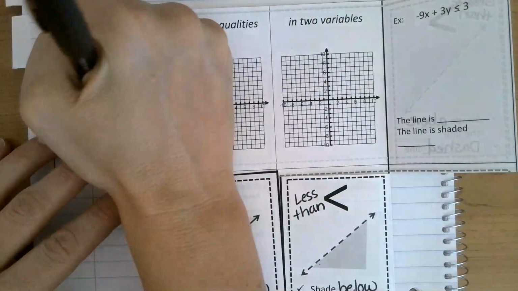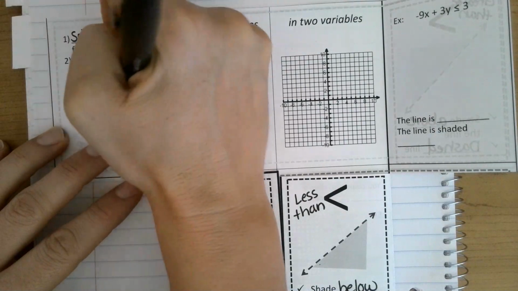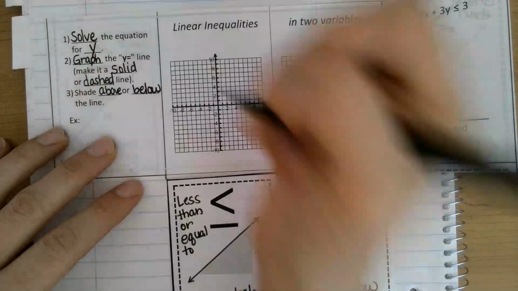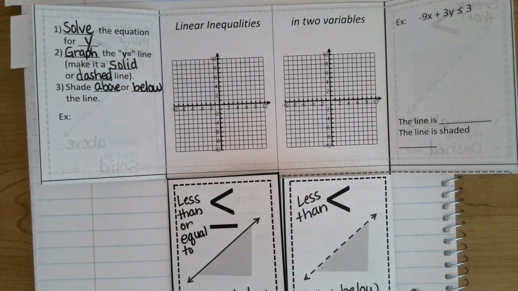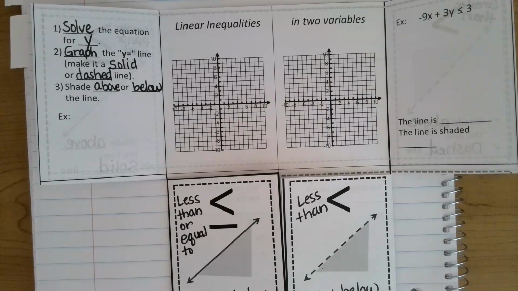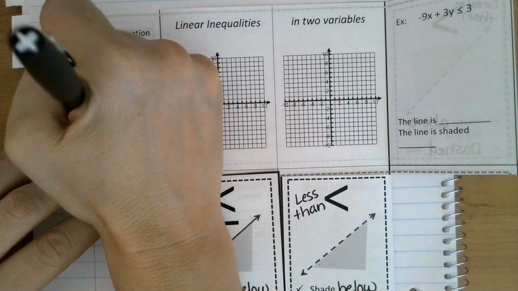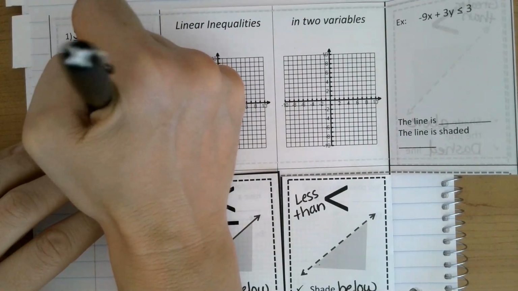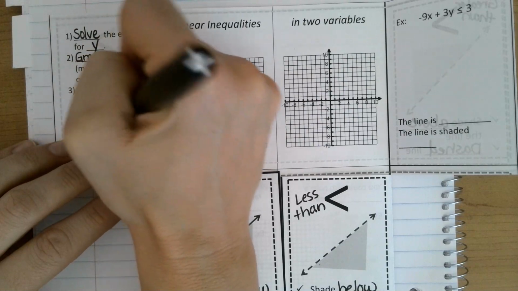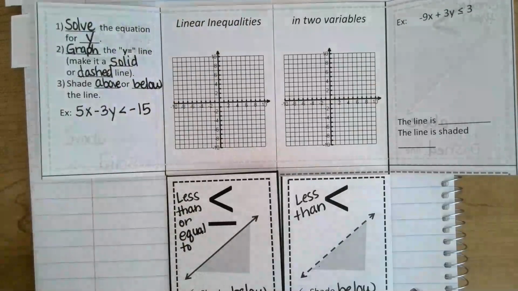And then we would shade above or below the line. So again, an inequality has more than one solution, so the shaded region is all of the solutions for that inequality.